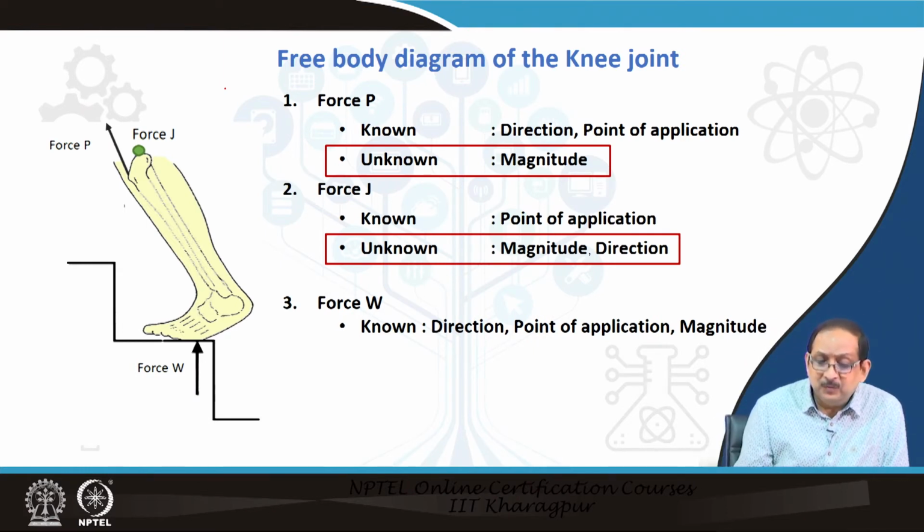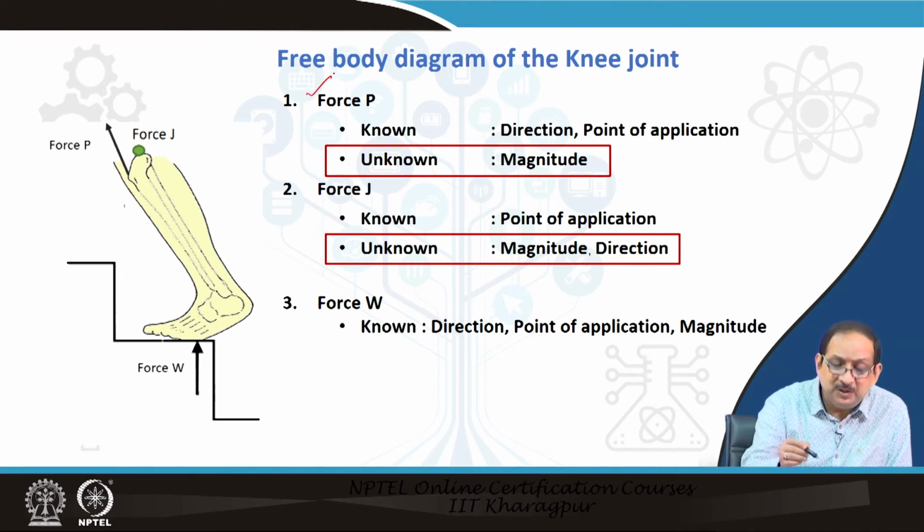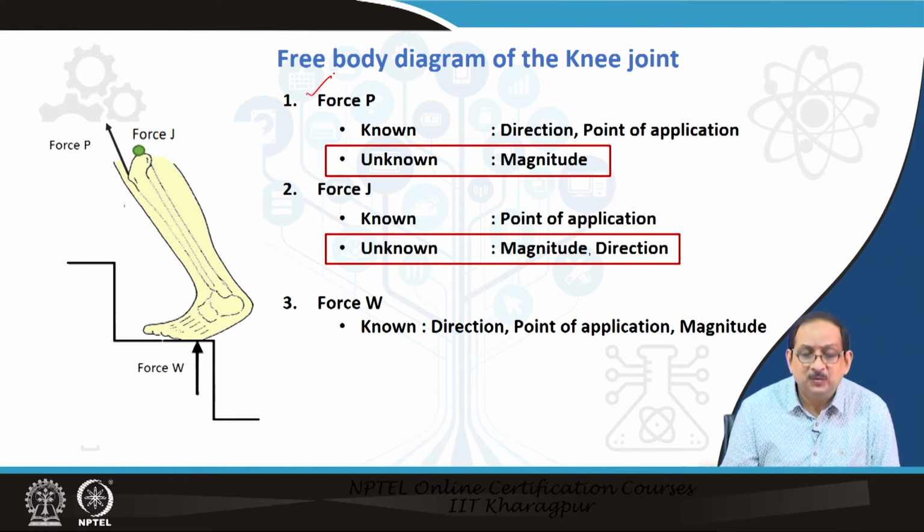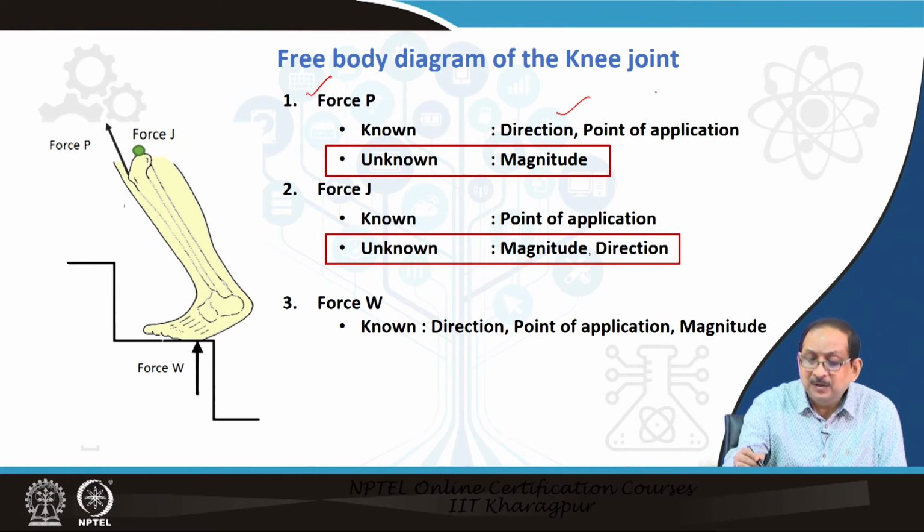Now, when we consider the forces P, J and W individually, certain things are known and certain things are unknown. The known quantities for force P are the direction and point of application. The magnitude is unknown.